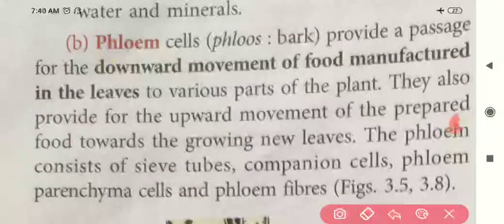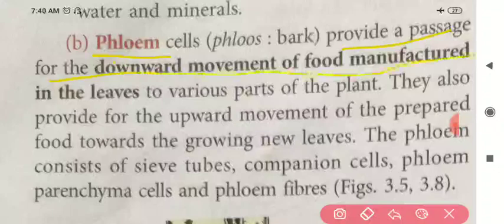Next, my dear students, we will discuss phloem now. Phloem provides a passage for the downward movement of food manufactured in the leaves to various parts of the plant.